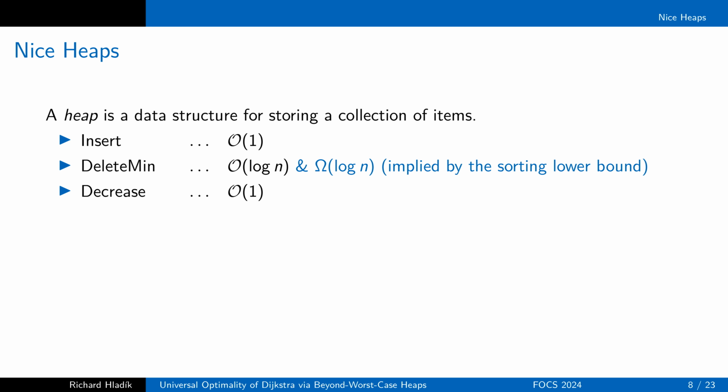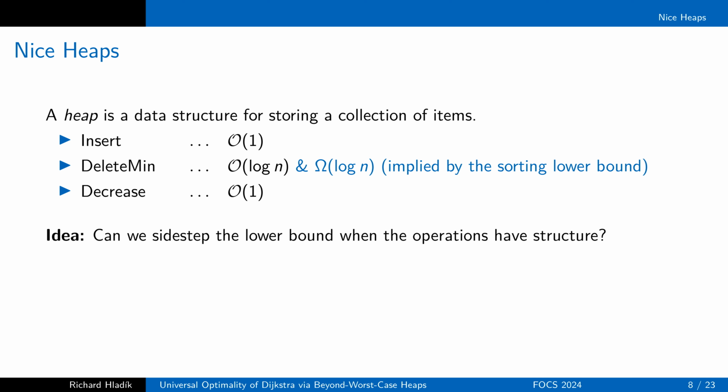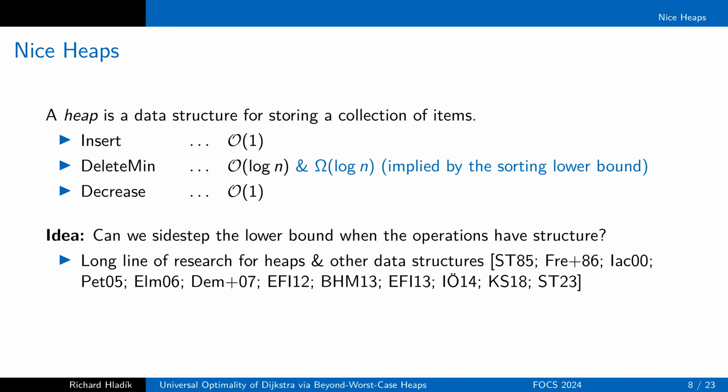And now the thing is that this lower bound only holds in the general case, when the access sequence can be arbitrary. But what if there was some structure in the access sequence? Could we then sidestep this barrier? And this is a question that people have been asking for the past 40 or so years, not only for heaps, but also for other data structures, such as binary search trees.